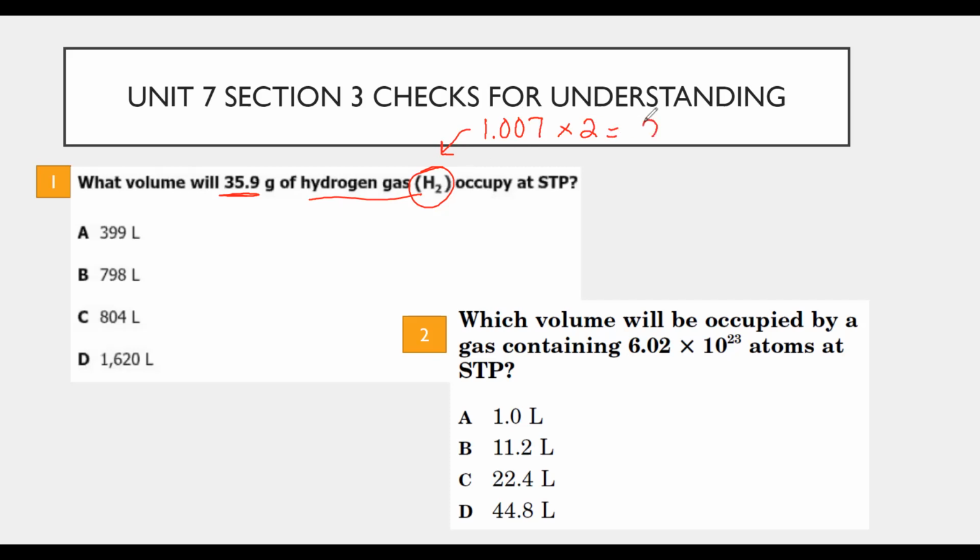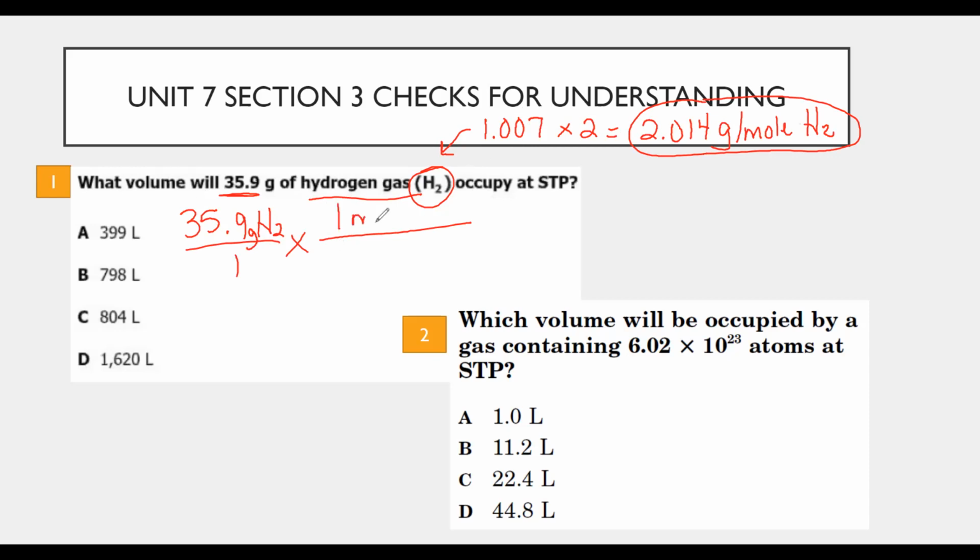So your molar mass is going to be 2.014 grams per mole for H2. All right, so that's what we're using. We know we have 35.9 grams of H2. Okay, that's grams.